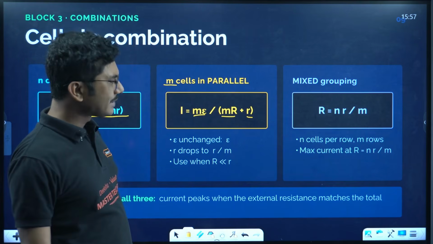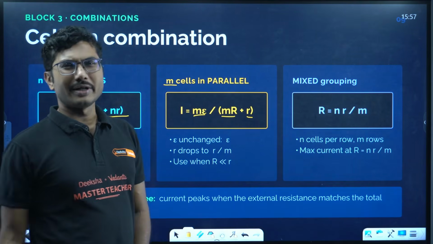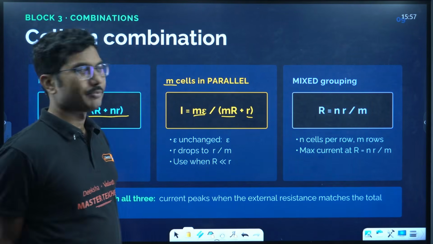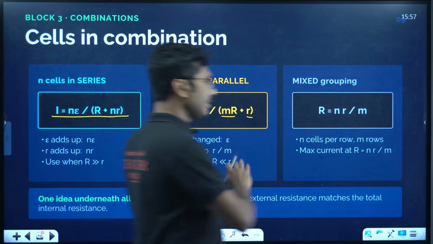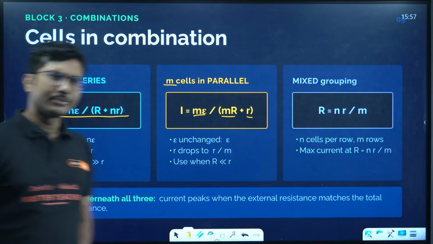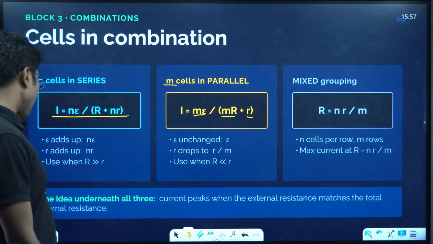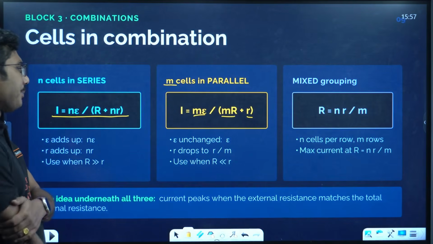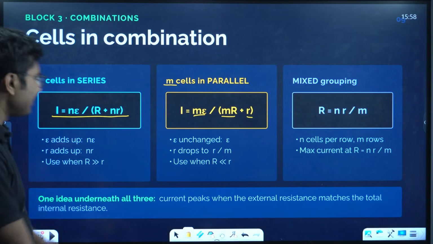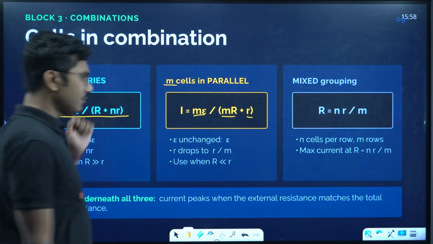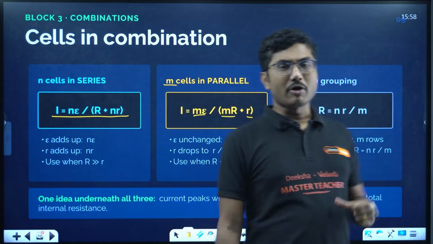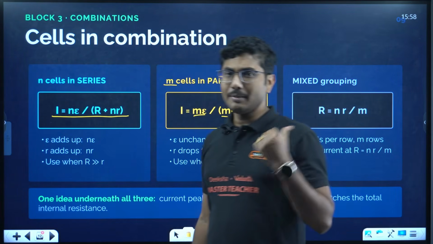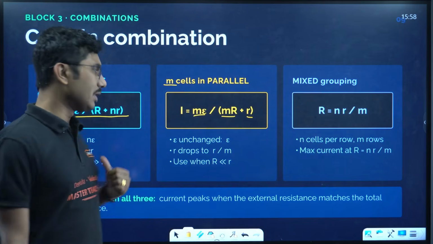Now, for mixed grouping, you need to calculate the equivalent resistances first, and then calculate the current. Mixed grouping depends on the problem, and we will see whether this formula is required or not. Okay, the current peaks when the external resistance matches the internal resistance. That is one important point when you are talking about the maximum current passing through the circuit.